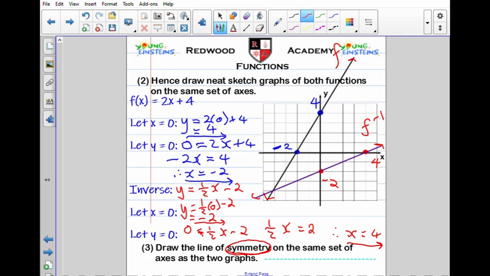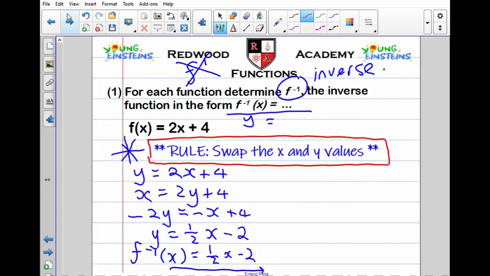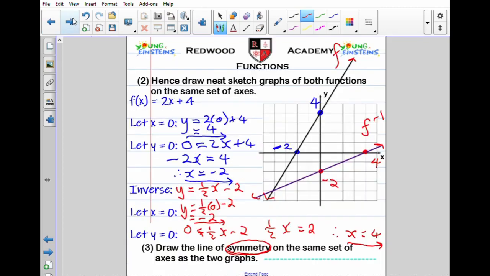Now you guys have seen at the beginning of this lesson that we looked at that line y equal to x, and we said when we find the inverse, we are folding over the line y equal to x. So the symmetry line basically has to be that line y equal to x.